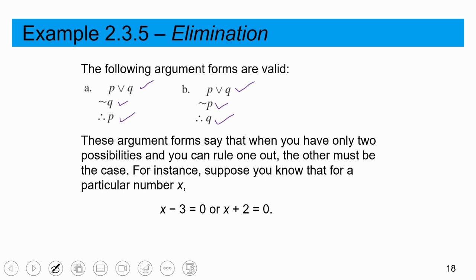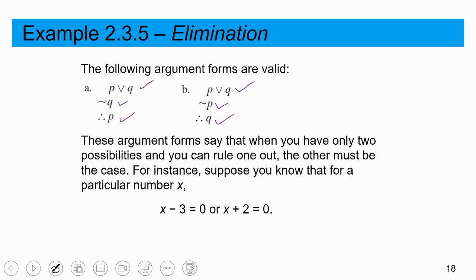So these last arguments that we've discussed seem almost like common sense, but we certainly don't want to make assumptions. These argument forms say that when you have only two possibilities and you can rule out one, the other must be the case. So here's a specific example.